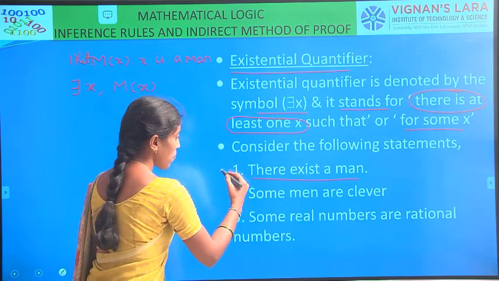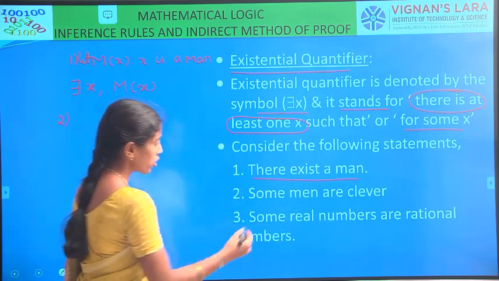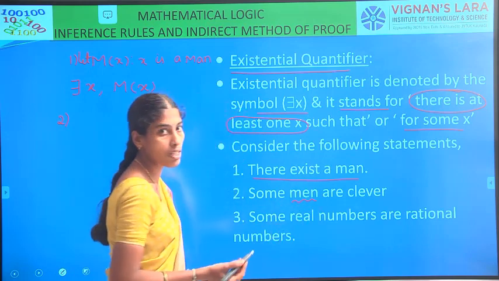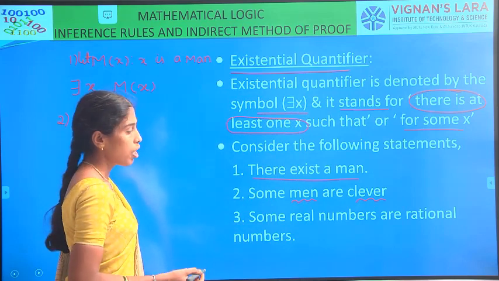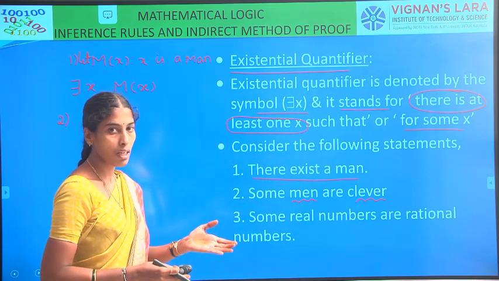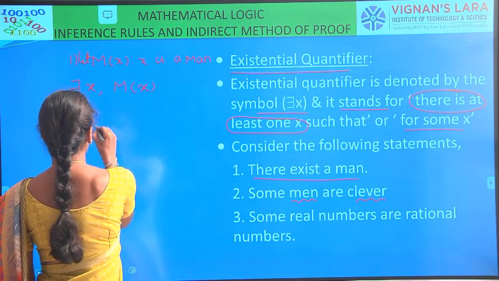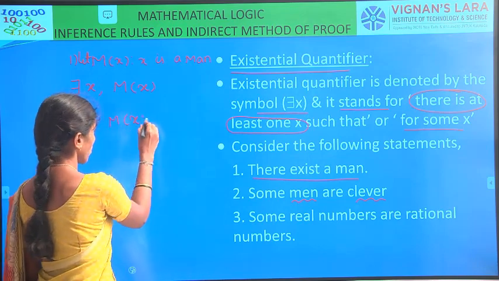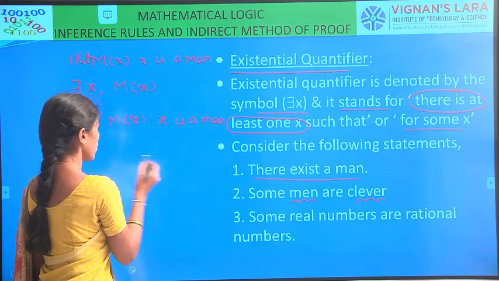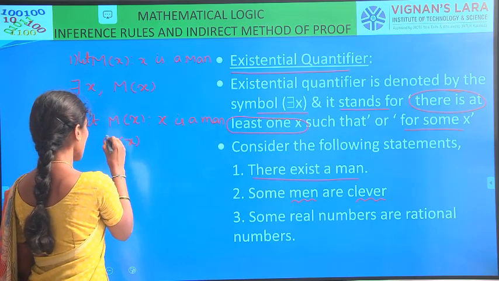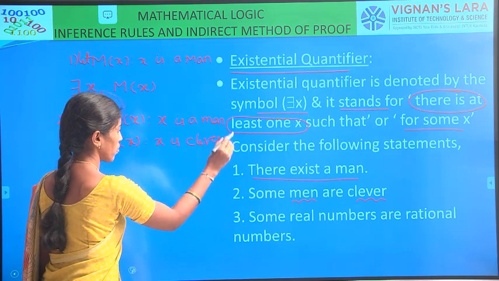Next one, some men are clever. Here we have two things: the two subjects, men and clever. The meaning of this is some men are clever, some may not be clever. Right? So let m of x represent x is a man and c of x represent x is clever, right?